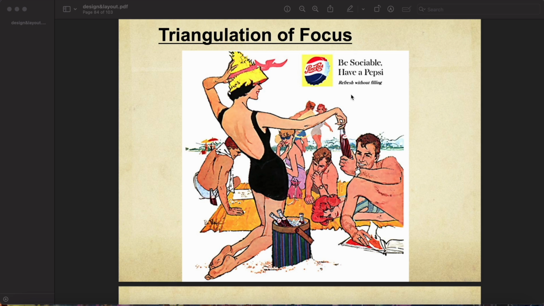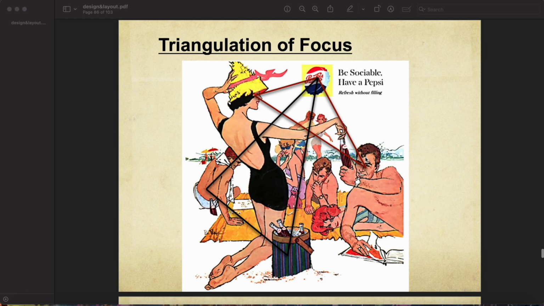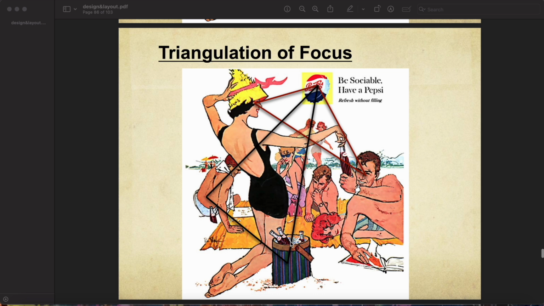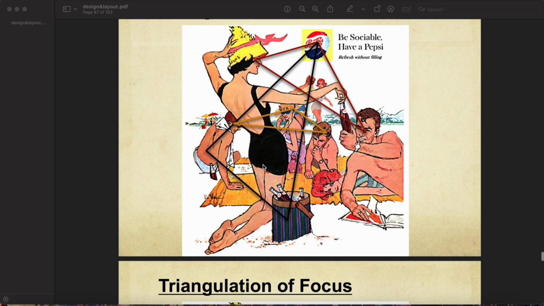And finally, we've got this complex triangulation of focus. We've got the eyes, the Pepsi Cola bottle cap, we have the eyes, then we have Pepsi Cola bottle cap, Pepsi Cola, we've got person on beach blanket, back up to Pepsi Cola, and then we've got all of that we just talked about, and then we've got this triangulation of focus as well.